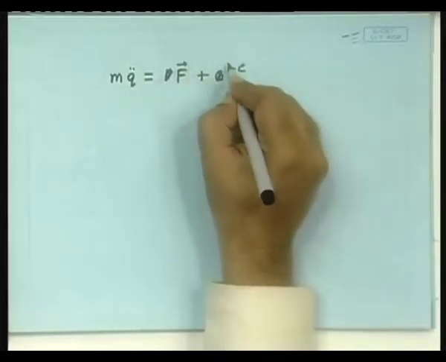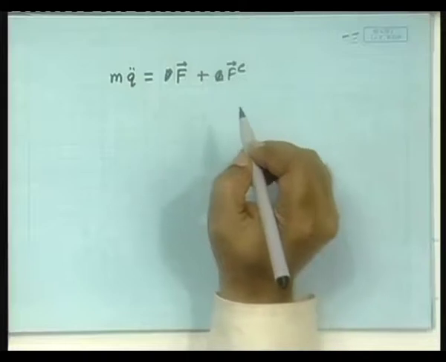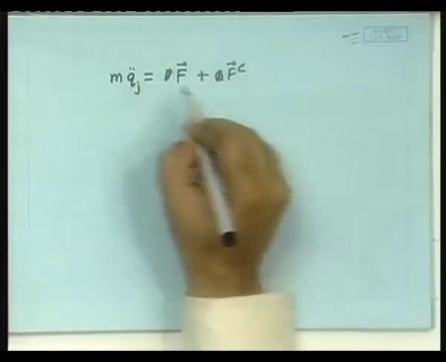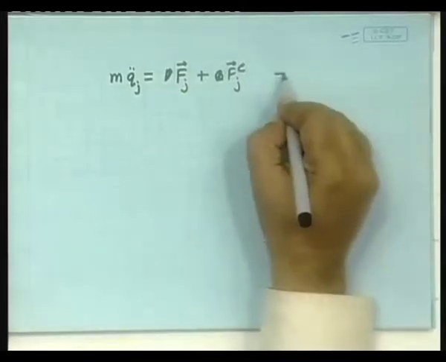This would be a vector, this would be a vector, and all of that will have the j subscript. That was Newton's.